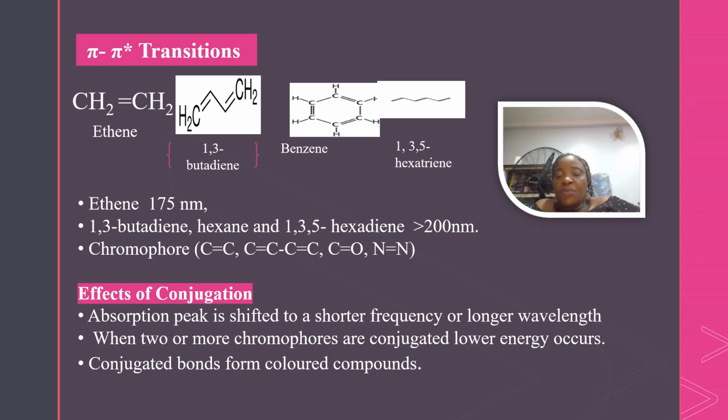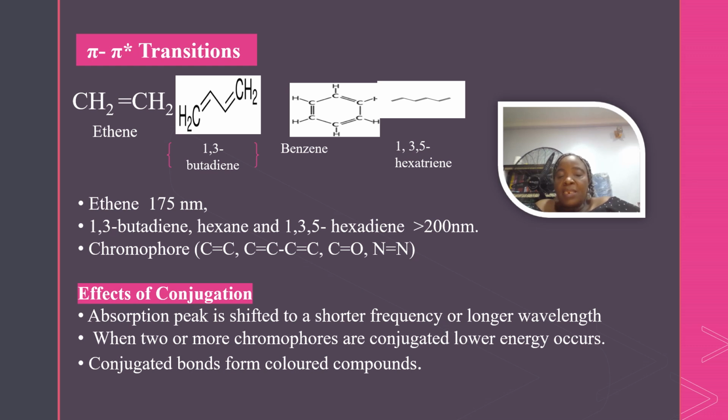What are the effects of conjugation? When you have a compound that is highly conjugated, the absorption peak is shifted to a longer wavelength. Lower energy is required when two or more chromophores are conjugated.